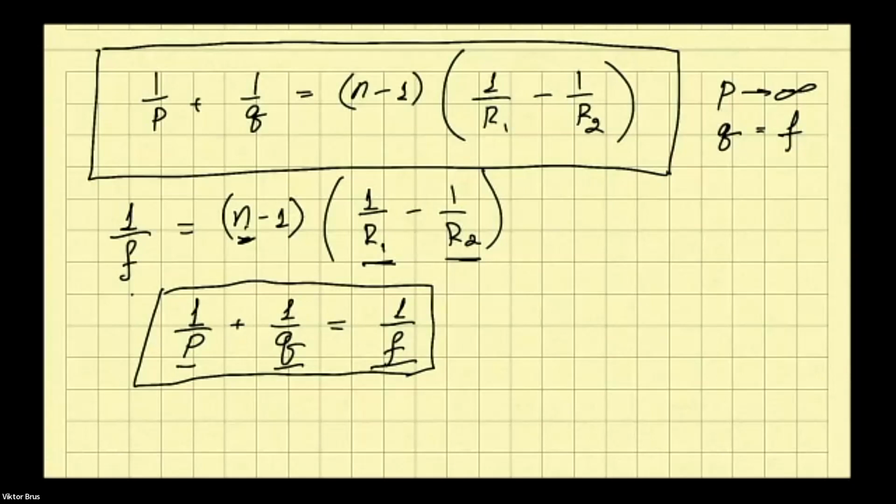Then we made a step further. We considered a lens, a system with two surfaces, which represent interfaces between transparent media with different refractive indexes. We considered this lens placed in air with a refractive index equal to unity, and the refractive index of the material of the lens, in most cases glass, equal to n.